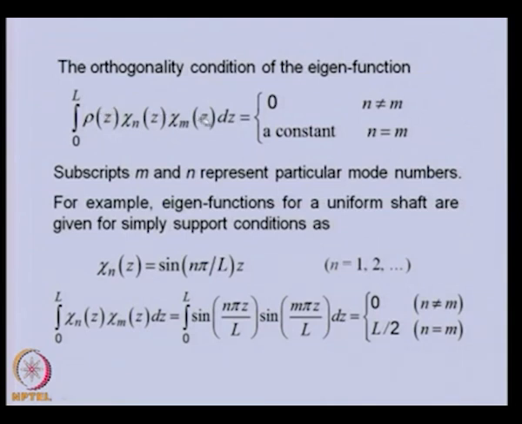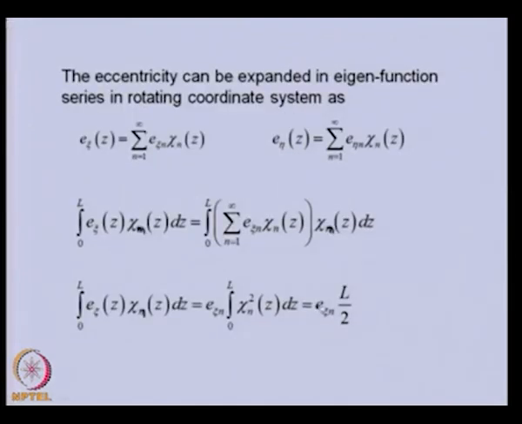We already discussed earlier that if m is not equal to n, then it becomes 0, and if it is the same, then it is a constant quantity. For the simply supported rotor case, we have this as the eigenfunction. Earlier we obtained this also, and if we substitute this eigenfunction in this integral, we will see that when both are not equal, this quantity will be 0. If n is equal to m, this will be L by 2.